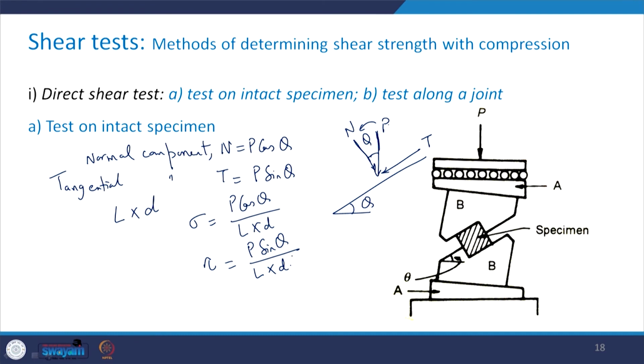So, this is how, when P is acting in the vertical direction, I will find out the component in the normal and the tangential direction to this plane, and I can find out what is the value of sigma and tau at the failure for this specimen under this oblique shear test.